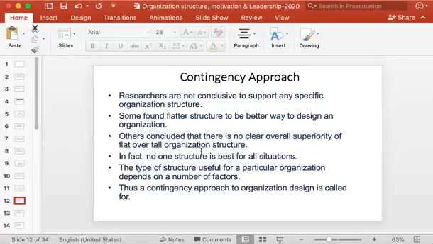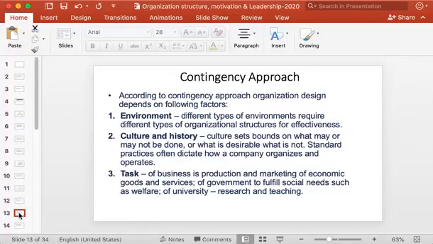So, organization design may depend upon a number of factors that are mentioned here.